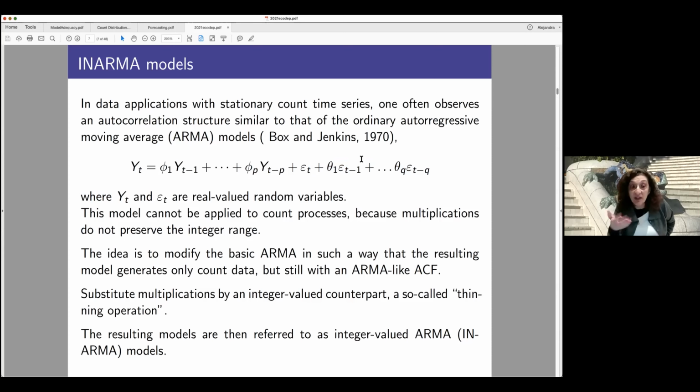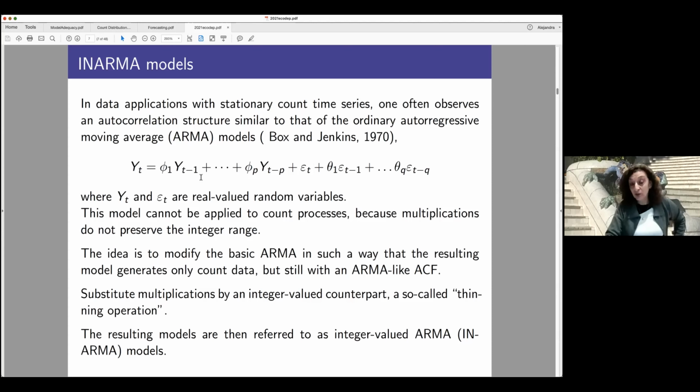Well, if you have something like this, for instance, an AR(1), in order to have a stationary process, that phi has to be smaller than 1. So if you apply that to a count time process and you put a coefficient smaller than 1 here, even though this and the noise are integers, then you cannot get an integer, so forget it.